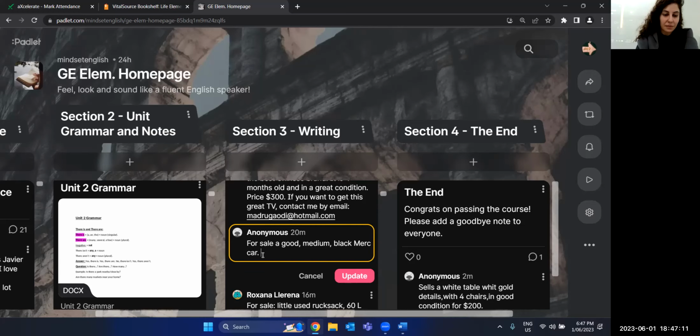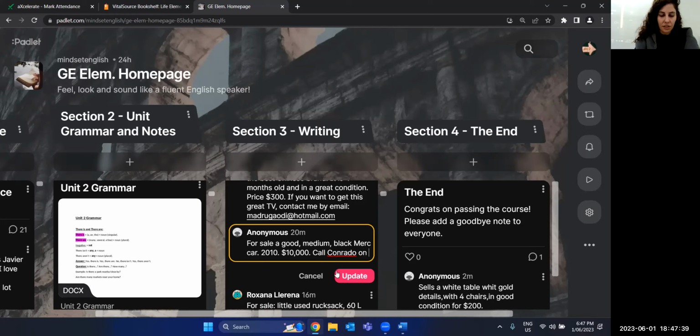How much do you want? 10,000? Yeah. So 10,000. Cool. Which year? I don't know which year. Before the price, 2010, for example, $10,000. Cool.